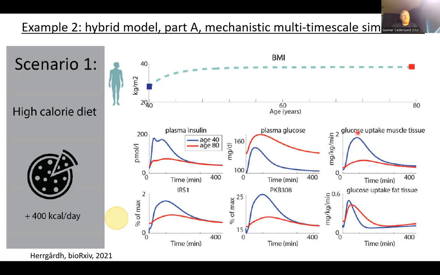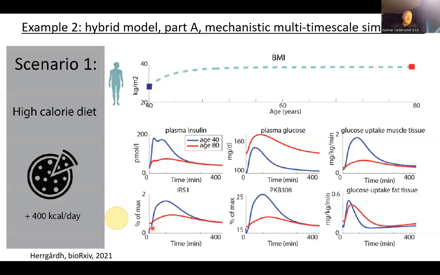And the glucose uptake by things like the muscle tissue, because we have insulin resistance, is much higher in the beginning than it is after a while, and also because we have lower insulin. So these are the hallmarks of type 2 diabetes. This is basically showing in a short-term simulation that this person has type 2 diabetes, and this is what the glucose tolerance test or a meal test would give at the end and at the beginning.